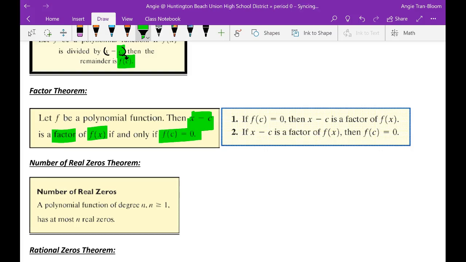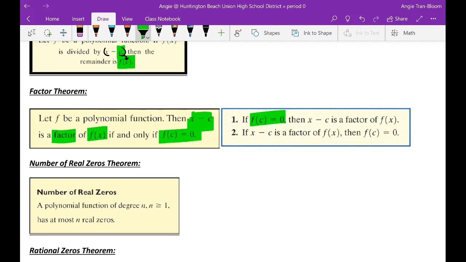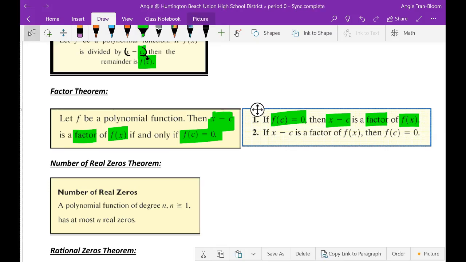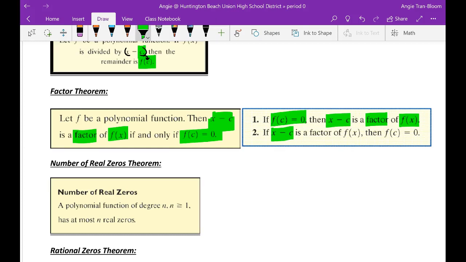On the right-hand side, number 1: if f of c equals 0, then x minus c is a factor of f of x, which in our problem is definitely true. We can also go backwards: if x minus c is a factor of f of x, then when you plug in c, it has to come out to be 0.